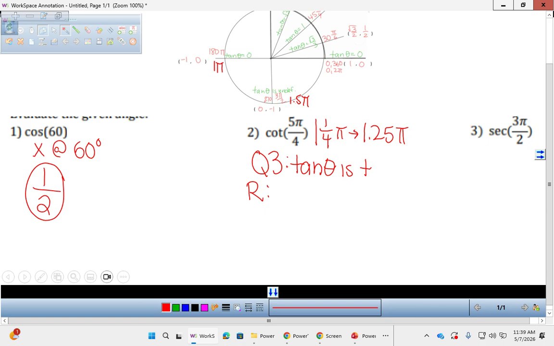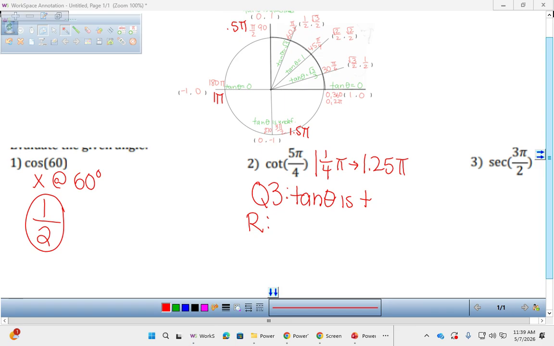The only angles I know in quadrant 1 are pi over 6, pi over 4, and pi over 3, and only one of them has a denominator of 4. So my reference angle is pi over 4, and that means I can refer to pi over 4's coordinates when answering this question.